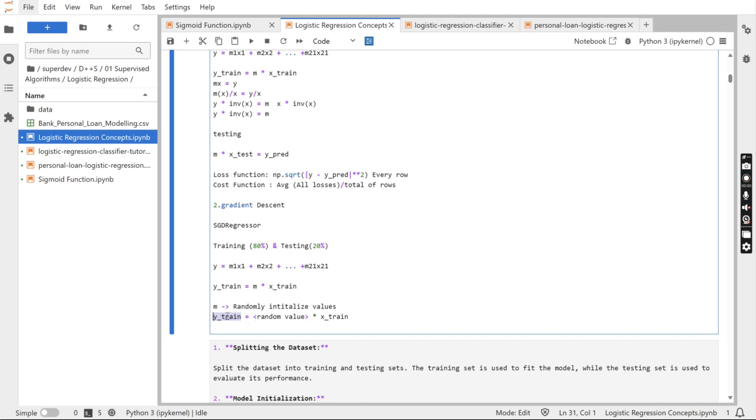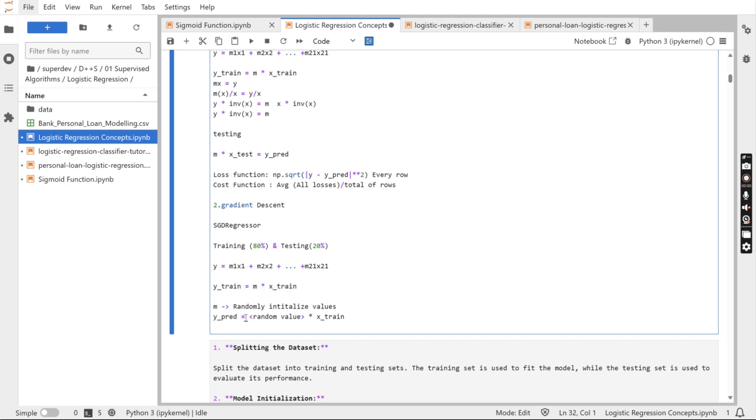When you equate this, you're going to get a certain result. This will be ypred. You're not directly using y train in the equation.